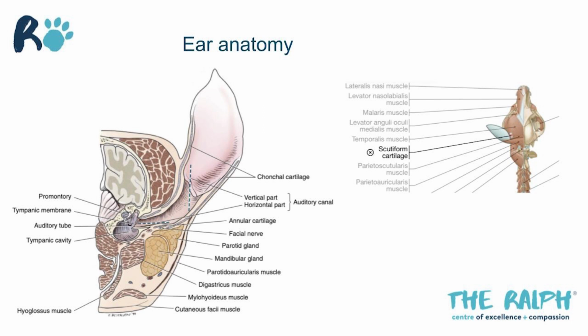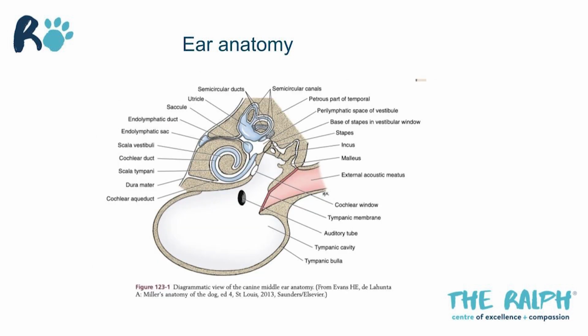It exits the cranial vault caudal to the bulla. So if the dog's nose is that way, and the bulla is here, basically the facial nerve is going to exit at this level and it's going to course rostroventrally. This is why we may meet it at the junction of the vertical and the horizontal ear canal. So this is the structure that we need to have in mind when we do a TECA, for example.